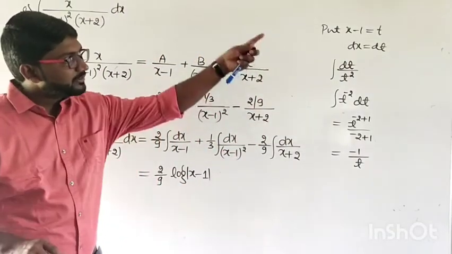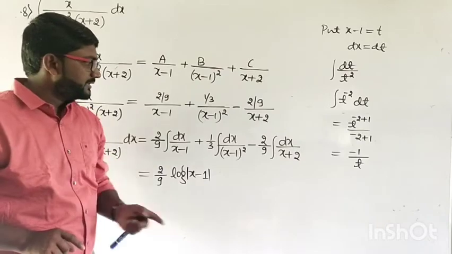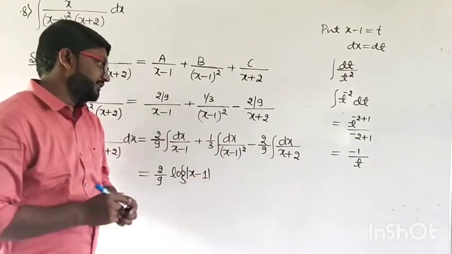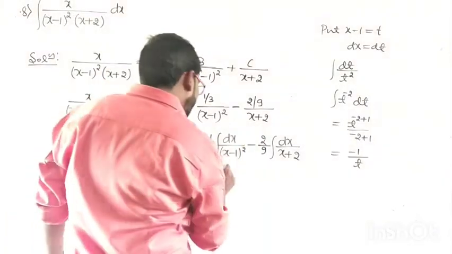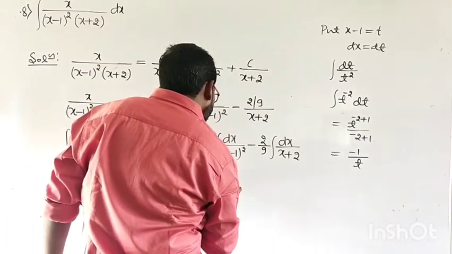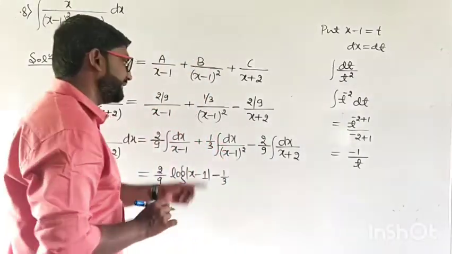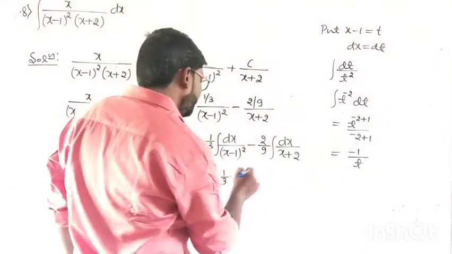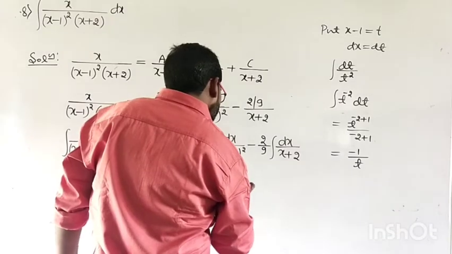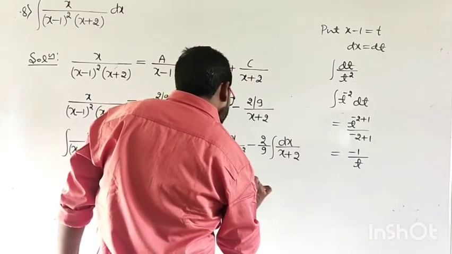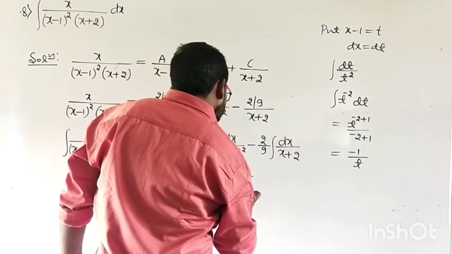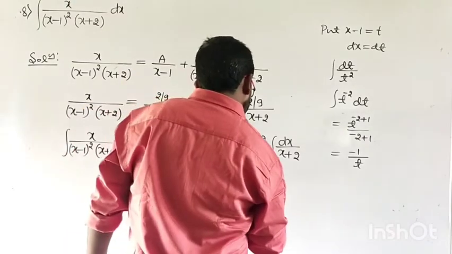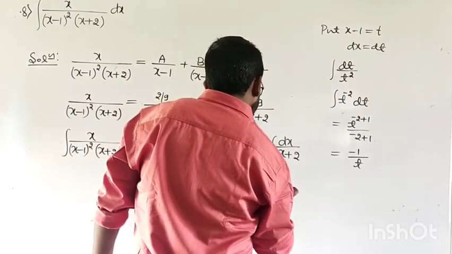So you don't have to write all these steps. You can write the value of this integral directly. So here we get minus sign, minus 1 by 3 into 1 divided by t, that is 1 divided by t. t means x minus 1, minus 2 by 9.